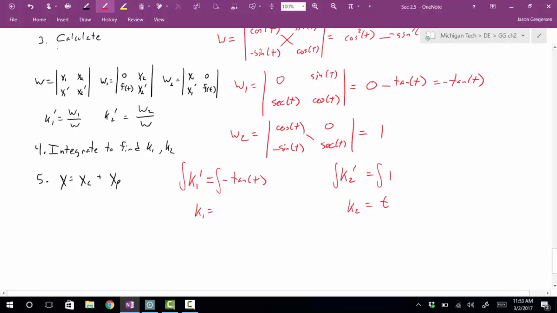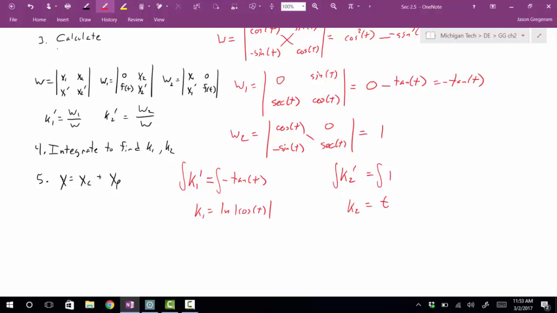You write tangent is sine over cosine, let u equal cosine, and work through the rest of the substitution. It's really not that bad of an integral. The result is going to be the natural log of cosine of t. We can check it by looking at it. If I took the derivative of that, I get 1 over cosine of t times the derivative of the inside function. That would kick out a negative sign. You'd have negative sine over cosine.